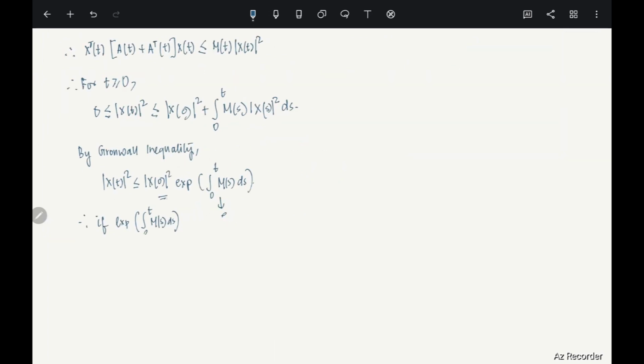Because x at the point 0 is some fixed number. Okay, so if this is going to 0, then x(t) goes to 0. So basically, you don't have to do anything. The result concludes by the given condition.